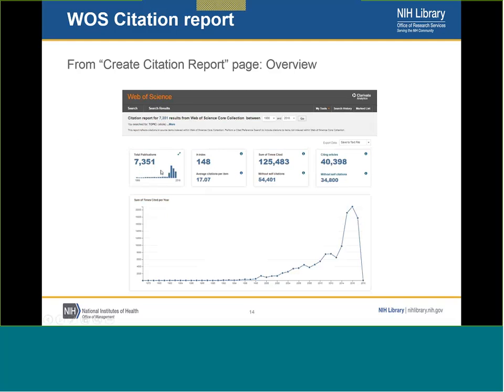It has nothing to do with the average, okay? It's only showing us that 148 articles in this data set have been cited at least 148 times, period.